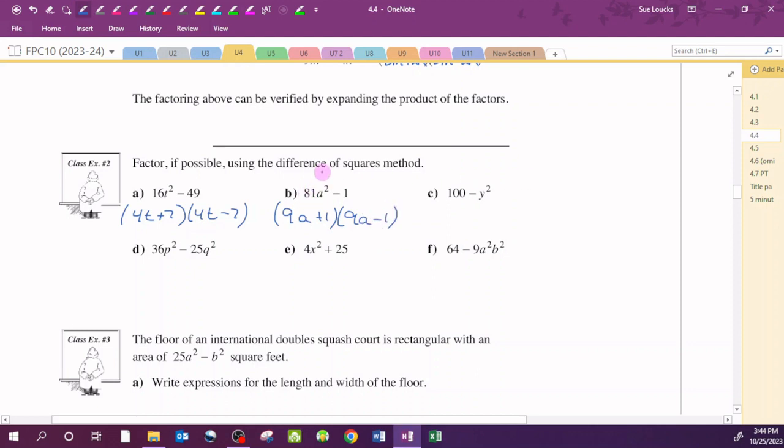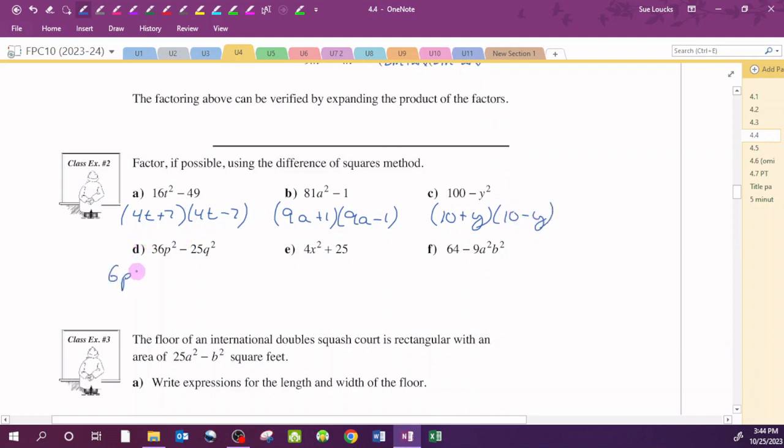I was just thinking while I was doing that, 1 is a perfect square. It's just 1 times 1. Its square root is the same as it. But it only works for 1s, doesn't work for 81. This is going to be 10 plus y times 10 minus y.